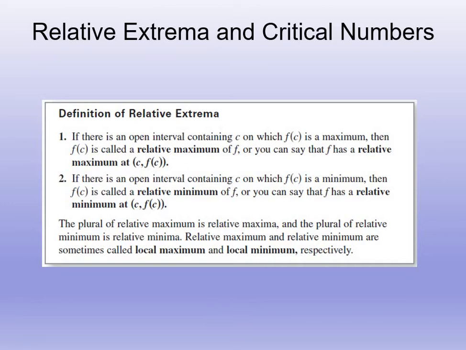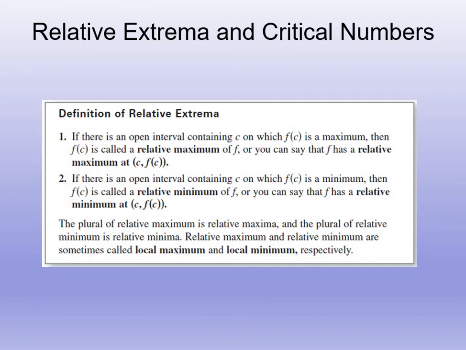If there's an open interval containing c on which f of c is a minimum, then f of c is called a relative minimum, or you can say that f has a relative minimum at c, f of c. Notice the point on this one: both of these use an open interval. This goes back to a couple slides ago where we had that continuous graph from negative infinity to positive infinity, and we had the hill and the valley.